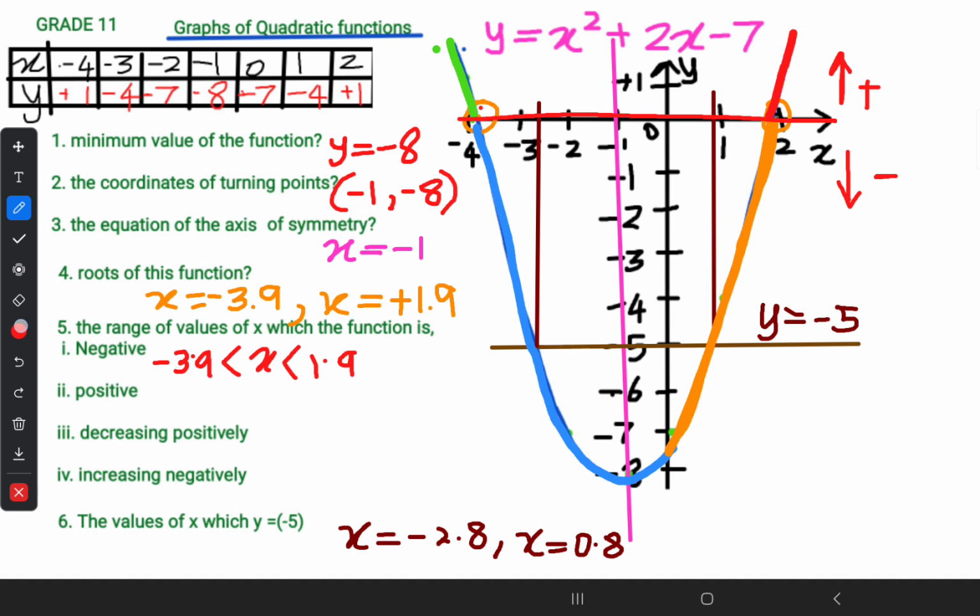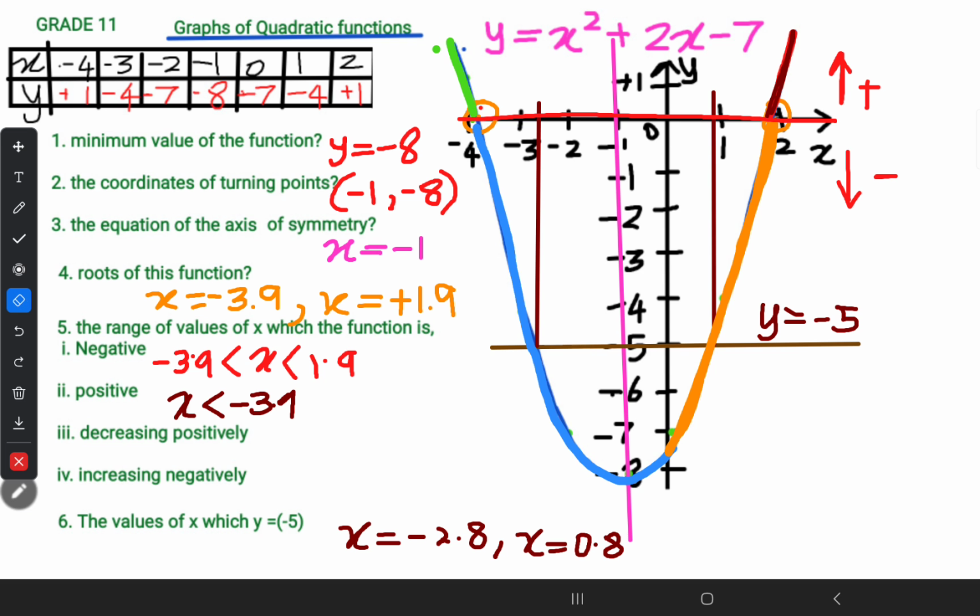Then the function is positive, that means above the x-axis. So this region and this region, we cannot write the range in one answer, you have to write the ranges in two. So when x is less than negative 3.9, in this region the values are less than negative 3.9. In the left-hand side the values are decreasing, and in those regions the function is positive.